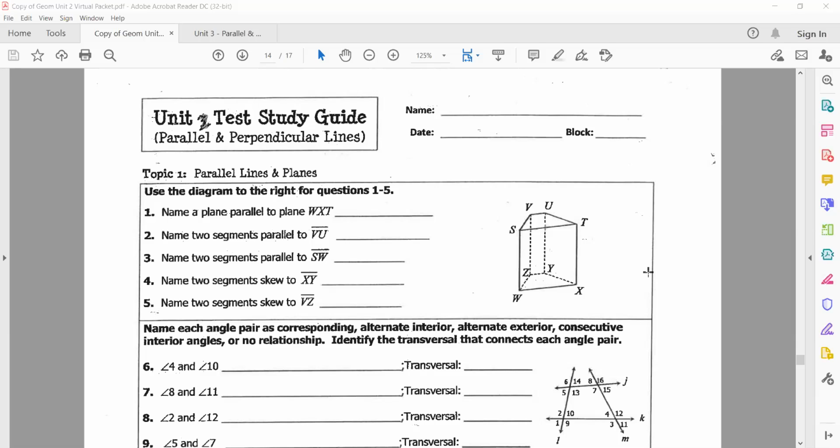If it was a solid, those would be the sides that are behind or not visible from the angle that you're viewing. So there's only one parallel plane to WXT. Anybody else want to take a crack at it?